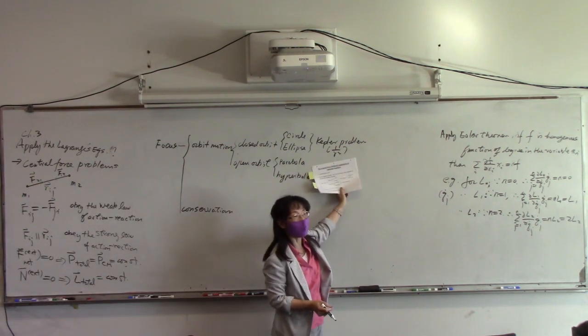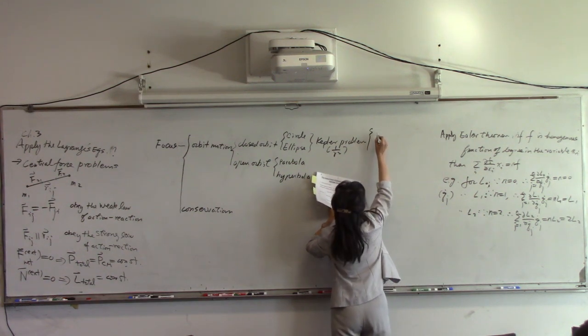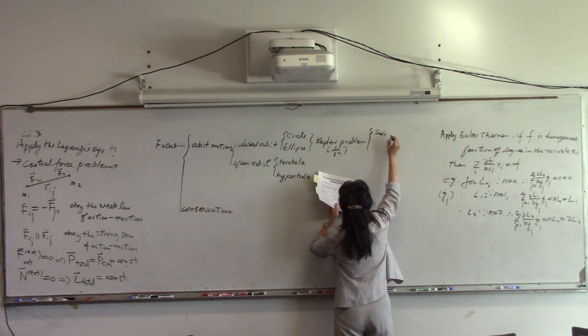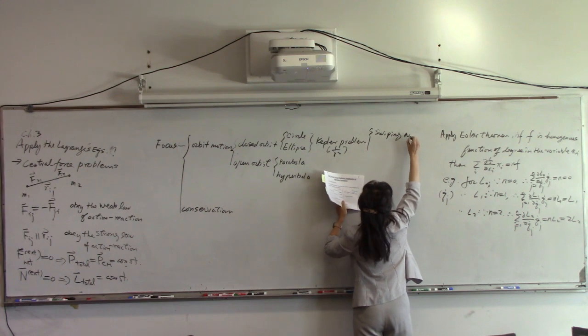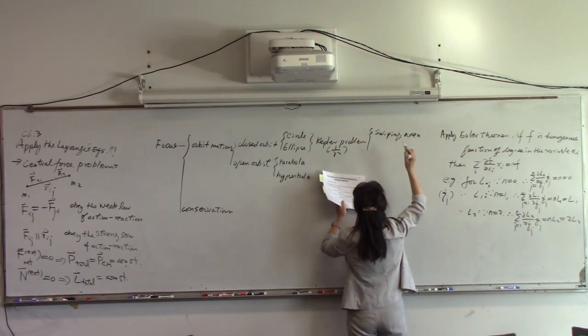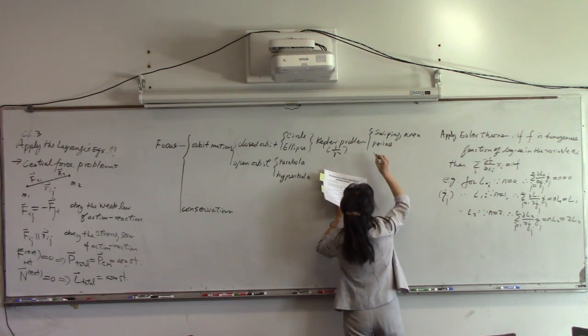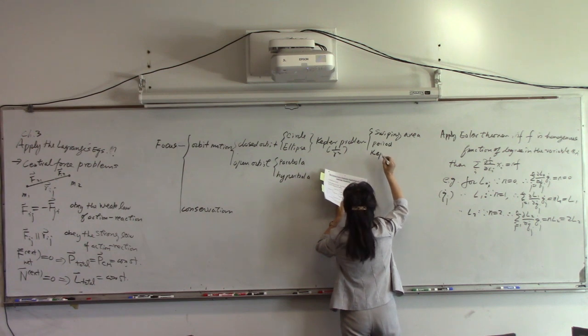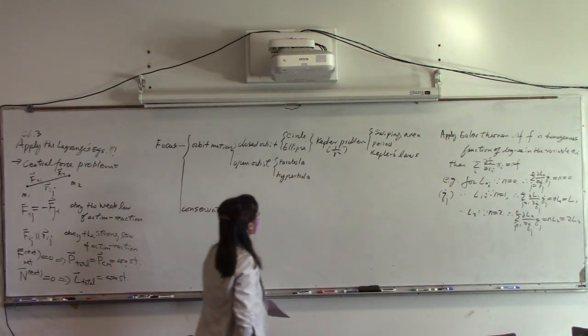If 1 over r squared, we know this one. There are phenomena like sweeping: is the swept area constant or not? We have Kepler's first law, second law, and how about the period of the orbit, and then some of Kepler's laws. That is the issue.